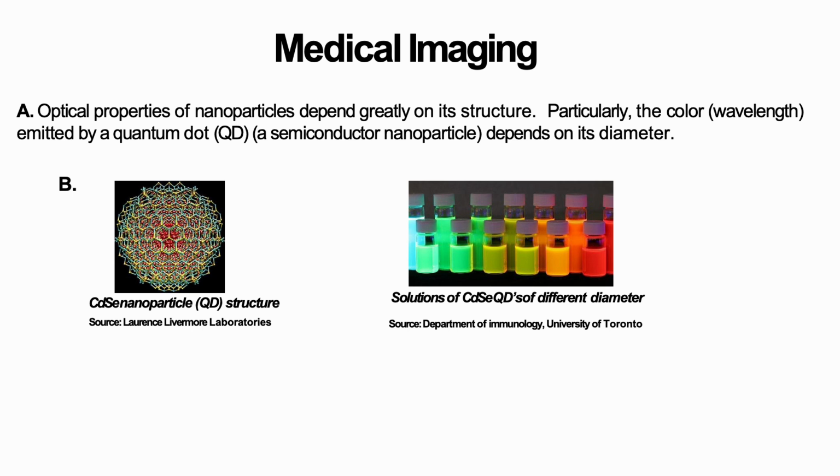We know that different diameters are going to give us different colors. So it allows us to look into specific structures on a cell or in a tissue, for example, maybe the rate of penetration of some type of ions through a channel.